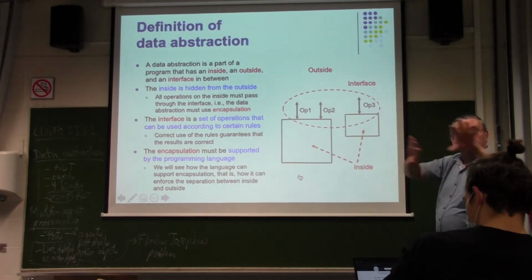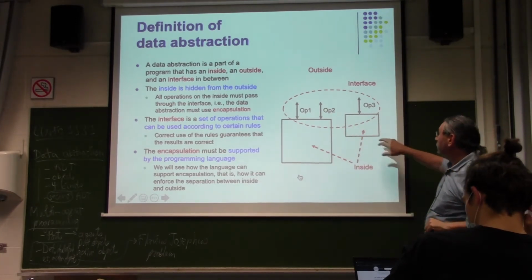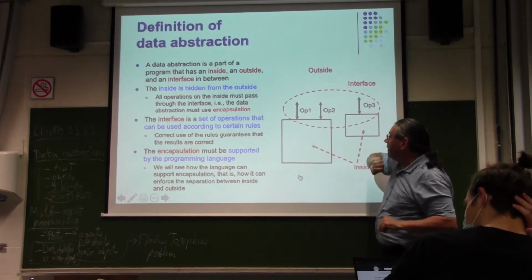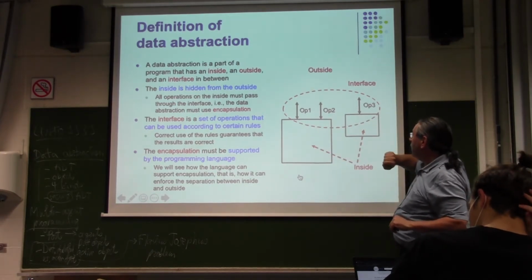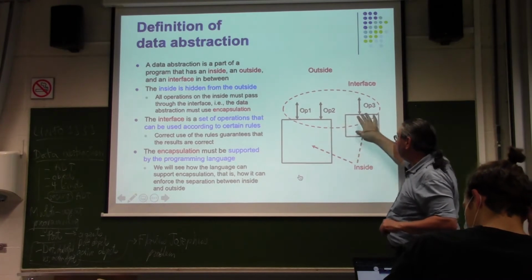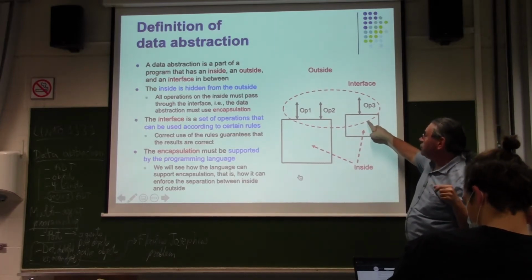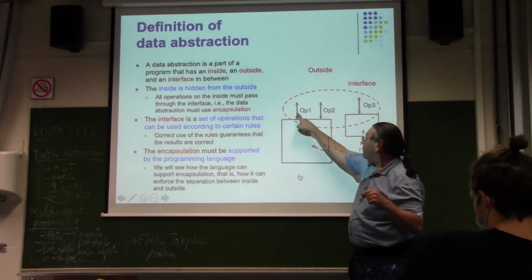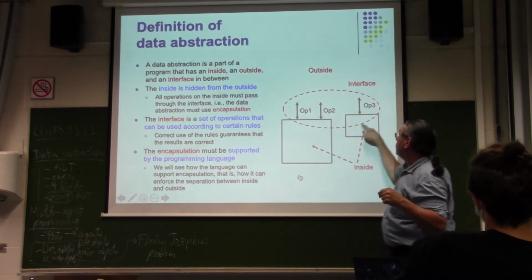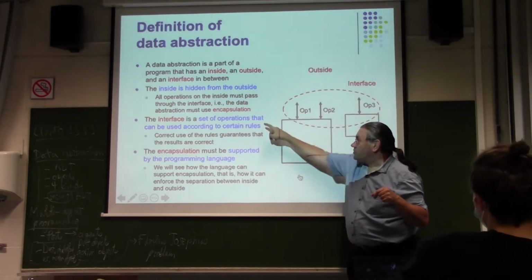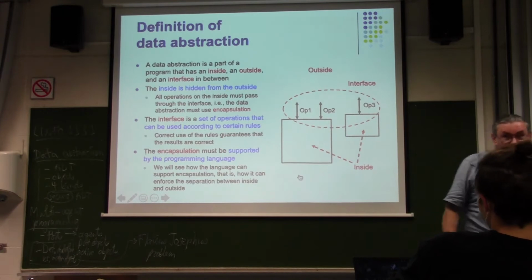It can be in different files spread around, but conceptually it's part of the same abstraction. And the inside is hidden. You cannot see it from the outside. The only way to access this data abstraction is through the interface. This part here is a set of operations that you can use according to certain rules.